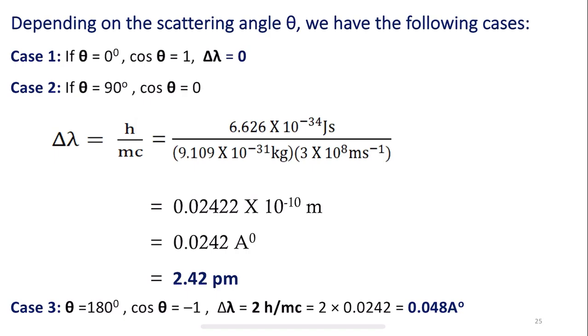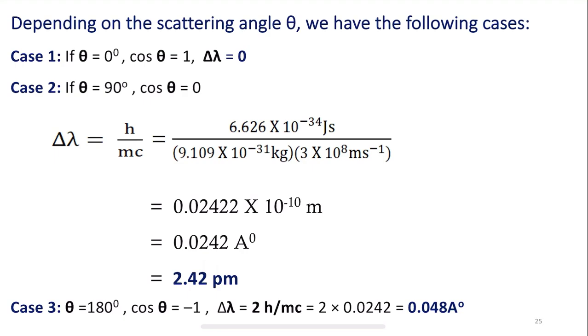The h divided by mc value we have already calculated here, 0.0242 Armstrong. 2 into 0.0242 is equal to 0.048 Armstrong. So if theta is equal to 180 degrees, then the change in wavelength, that is delta lambda, will be equal to 0.048 Armstrong.